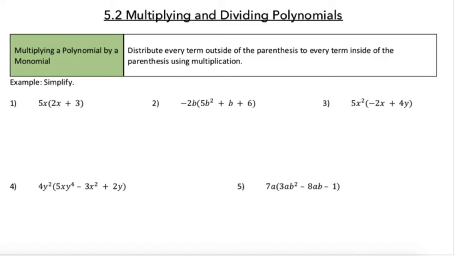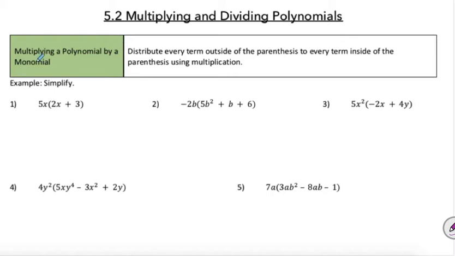So first, to look at our multiplying, when we are multiplying a polynomial by a monomial, so now I have one term being multiplied by something that has more than one term, we're going to distribute every term outside of the parentheses to every term inside the parentheses using multiplication. This is distributing.